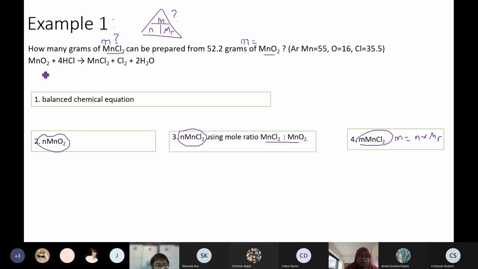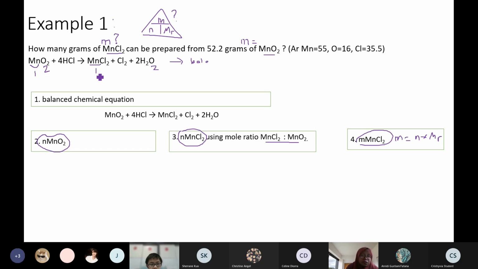The fastest way to check whether the reaction is balanced is by checking the total number of oxygens in the reactants and in the products. Let's check the total oxygen. There are 2 oxygens and also 2 oxygens. It means this reaction is already balanced. We can check: 1 Mn and 1 Mn.